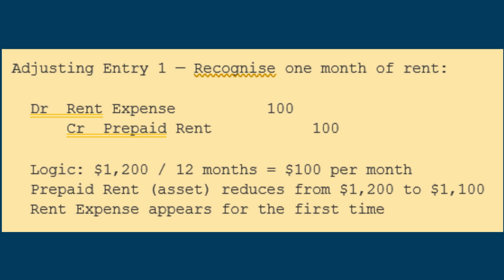But we have used up 1 month of that rent. So we need to move 1 month's worth, $100, out of the asset and into an expense. That adjusting entry moves $100 from an asset, where it was sitting as a future benefit, into an expense, because that benefit has now been used up this month.